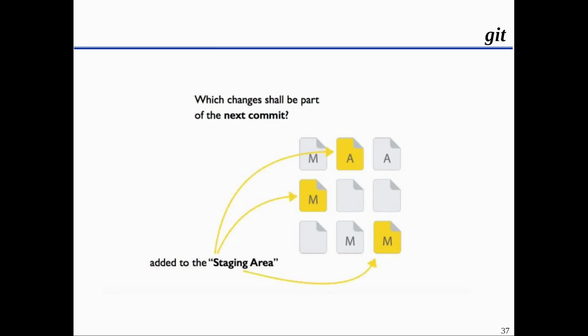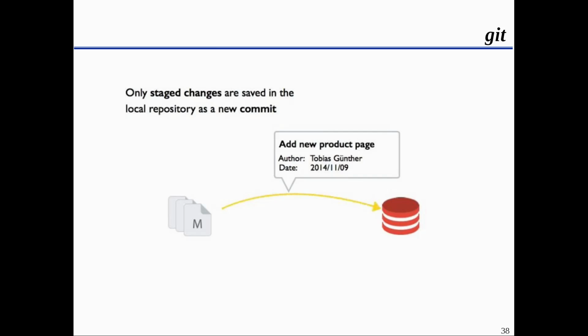So which changes should be part of the next commit? Generally it is only files that are modified, here marked with M, or files that are added, but that's it. If a file has not been changed, it is not committed into the save branch, or into the commit. So only staged changes are saved in the local repository as a new commit.